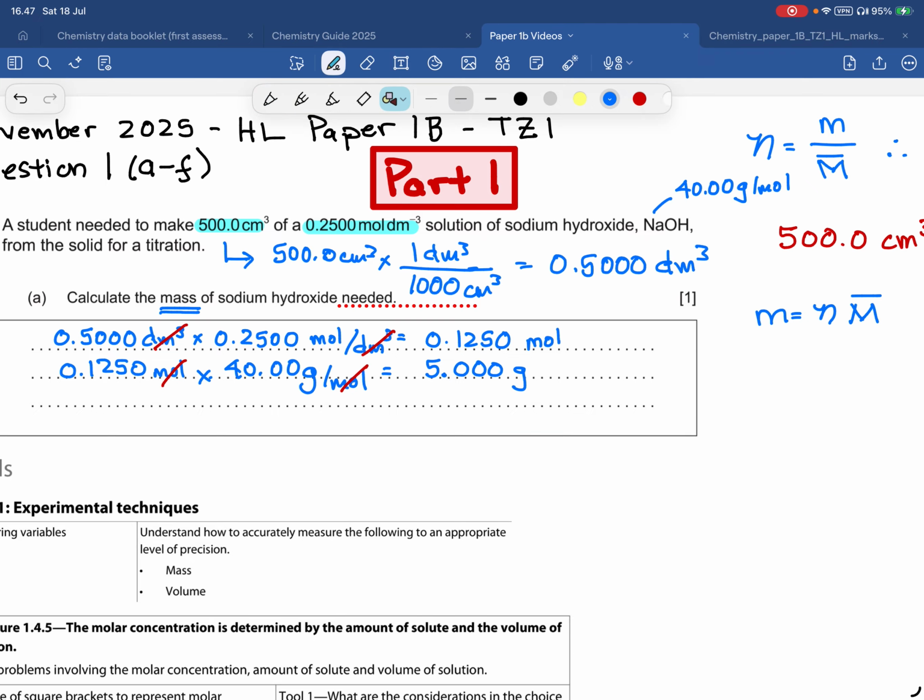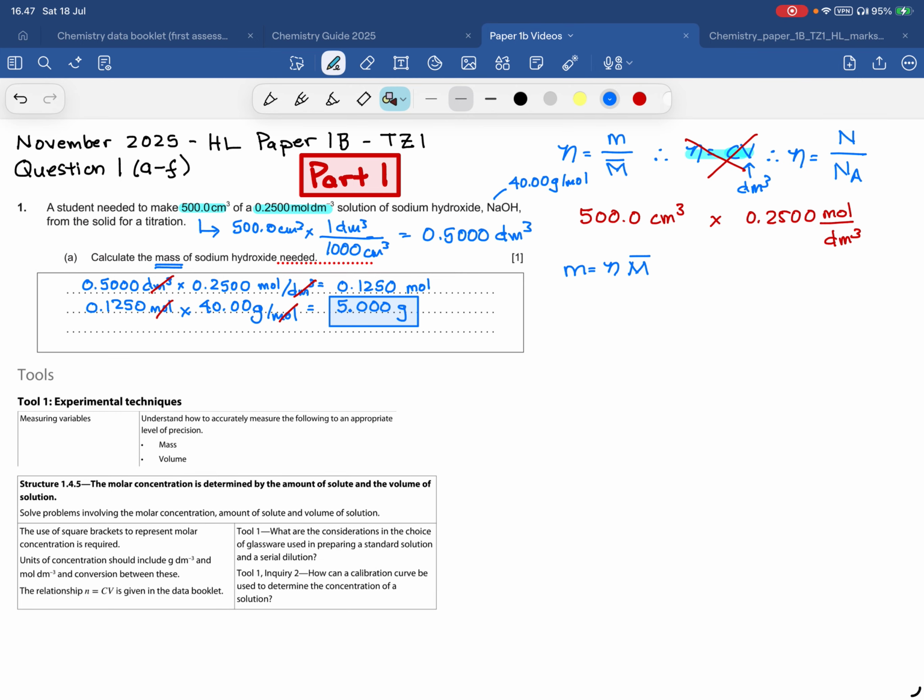Just to be on the safe side, when you get your answer, go ahead and put a circle around it so that the examiner knows that that's what you believe the answer is. Okay, now that took a lot longer than 90 seconds, obviously, because I was going through everything. You would simply do these calculations and write down the number.